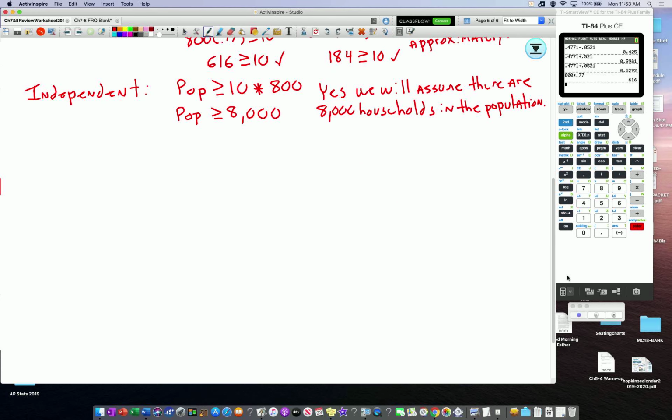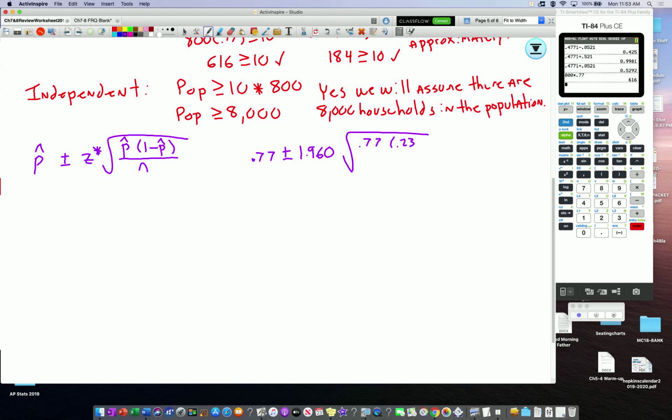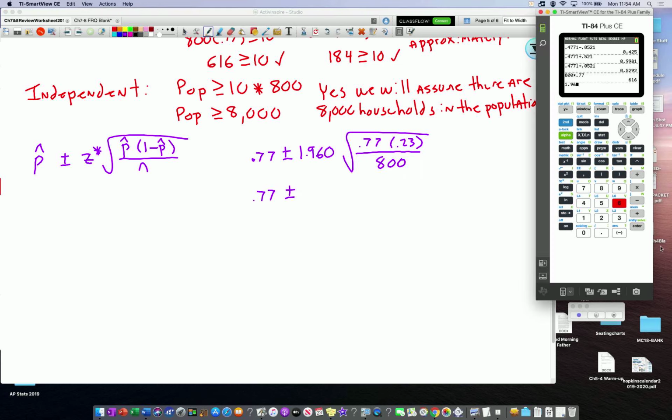All right, so now we get to calculate the interval. P hat plus or minus z star times the square root of p hat times 1 minus p hat over n. My p hat was 0.77. Z star is 1.960, since we're doing 95% again. The square root of 0.77 times 0.23 divided by my sample size, 800. So 0.77 plus or minus 1.96 times the square root part.